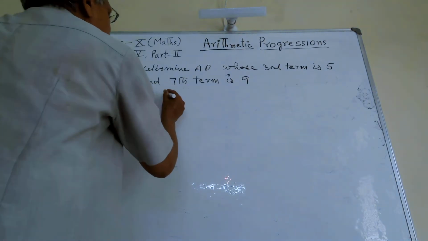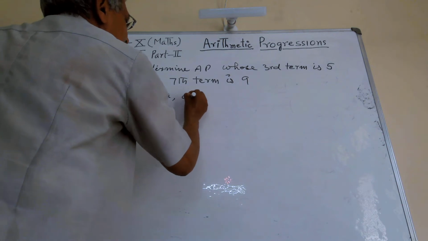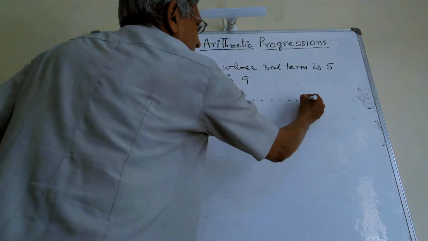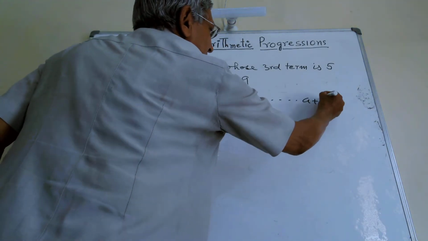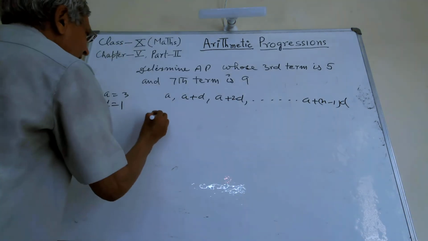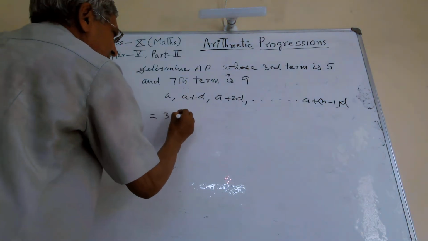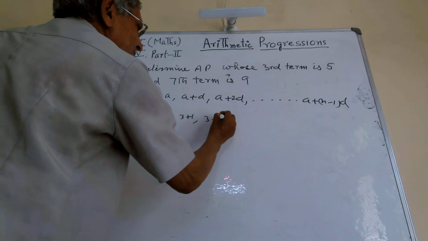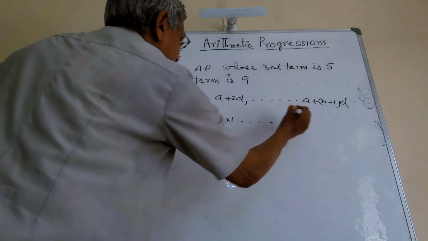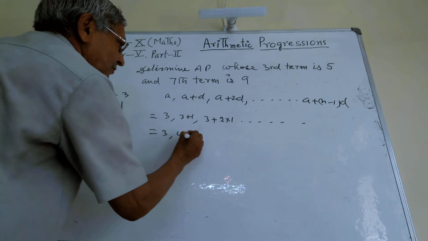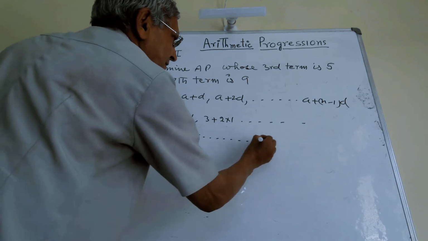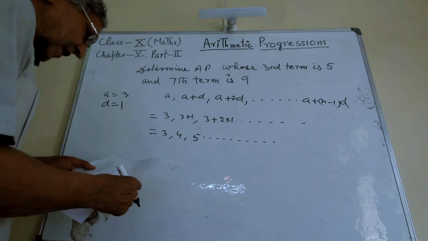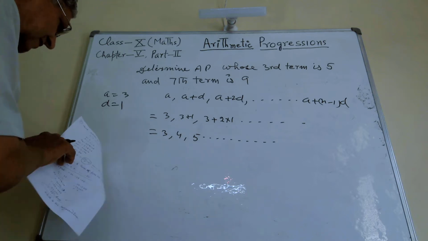The general form of AP is a, a plus d, a plus 2d, and a plus n minus 1 into d. With a equal to 3: 3, 3 plus 1, 3 plus 2 into 1, and so on. So 3, 4, 5. This is the required AP.